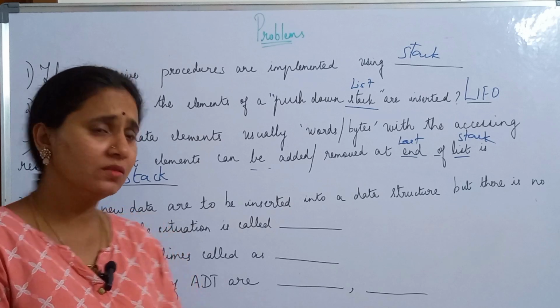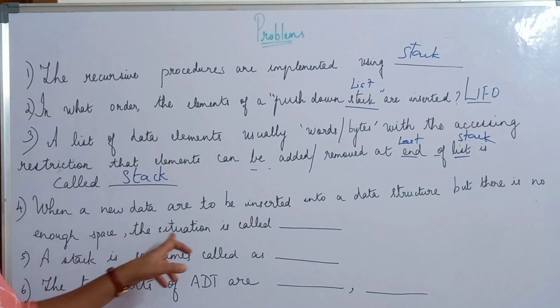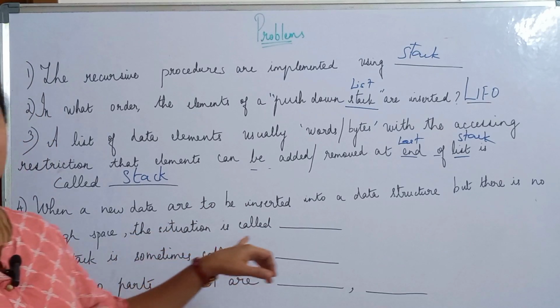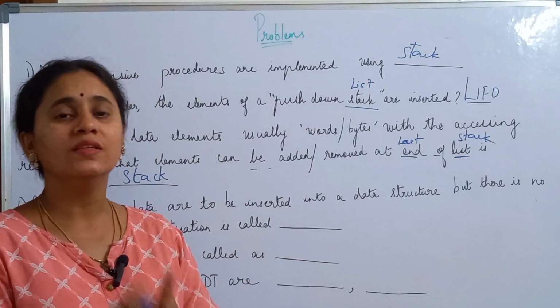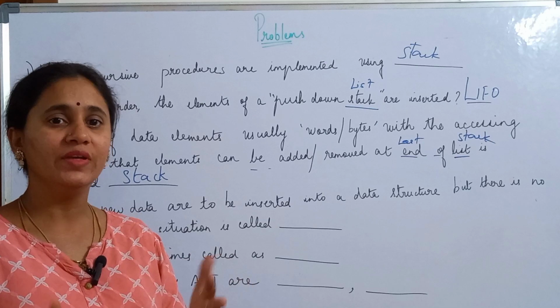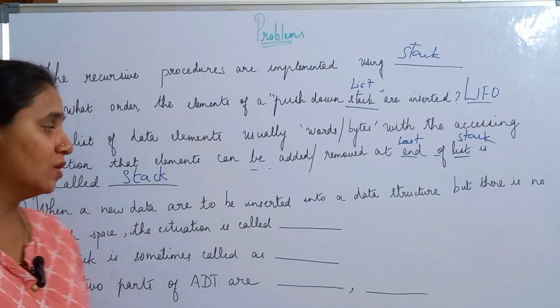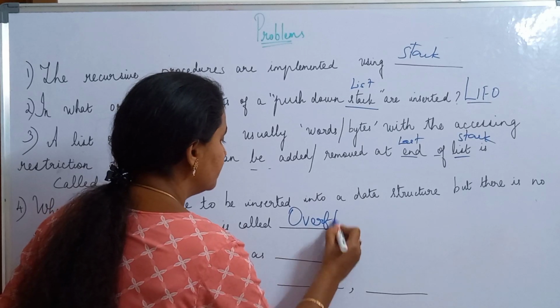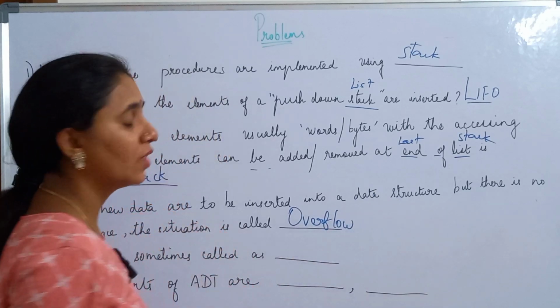What is that situation called? The meaning is that the data structure is full and we can't enter the elements. So the answer is overflow.